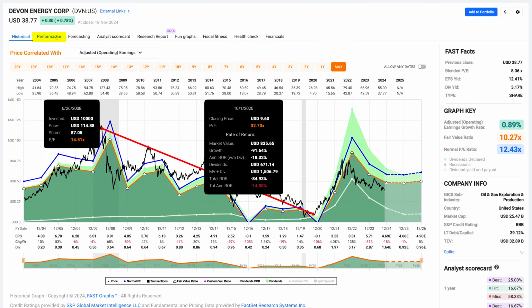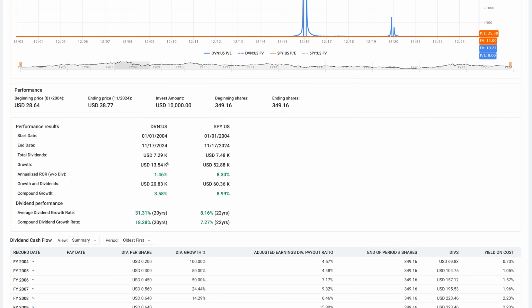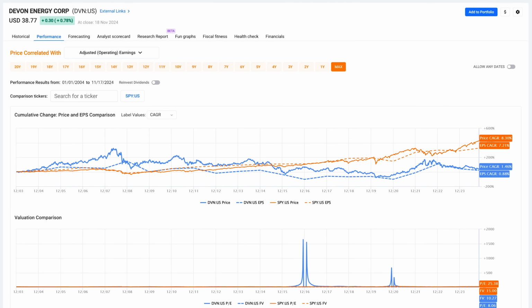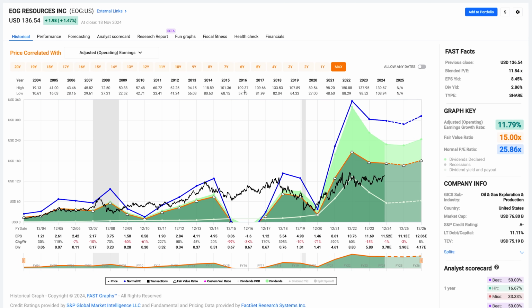So if I looked at performance long term, I would find that it dramatically underperformed the market, and it paid almost the same amount of dividend income, just slightly less than the market, interestingly. But my point I'm trying to make here, energy is a tough sector to invest in for the long term. If you time it right, there are times where you can make good money in the energy sector. And again, I'm looking at these specific companies.